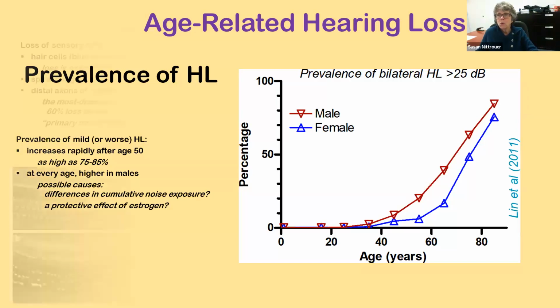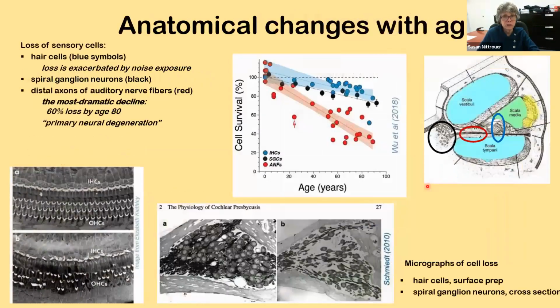Now, what are the sources of age-related hearing loss? Well, they're numerous. First of all, the number of inner hair cells declines with increasing age. These are the blue circles here.